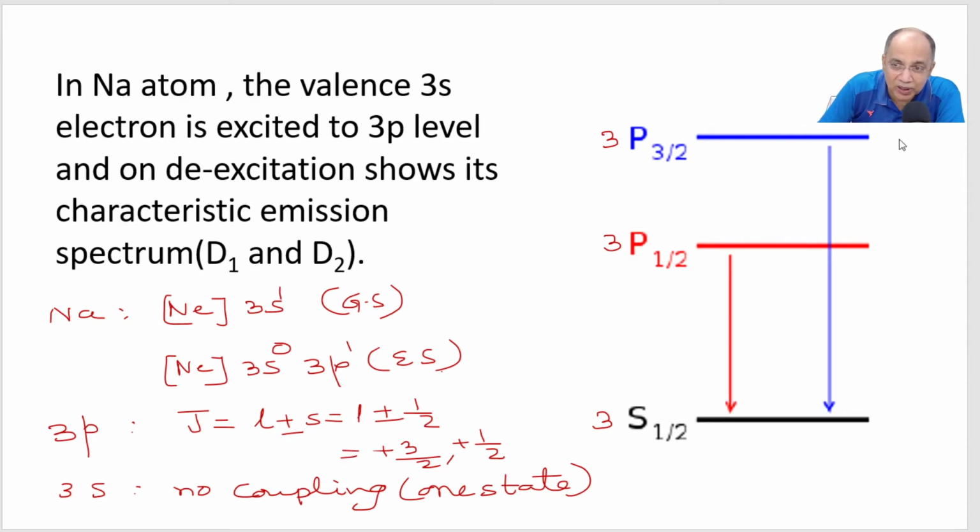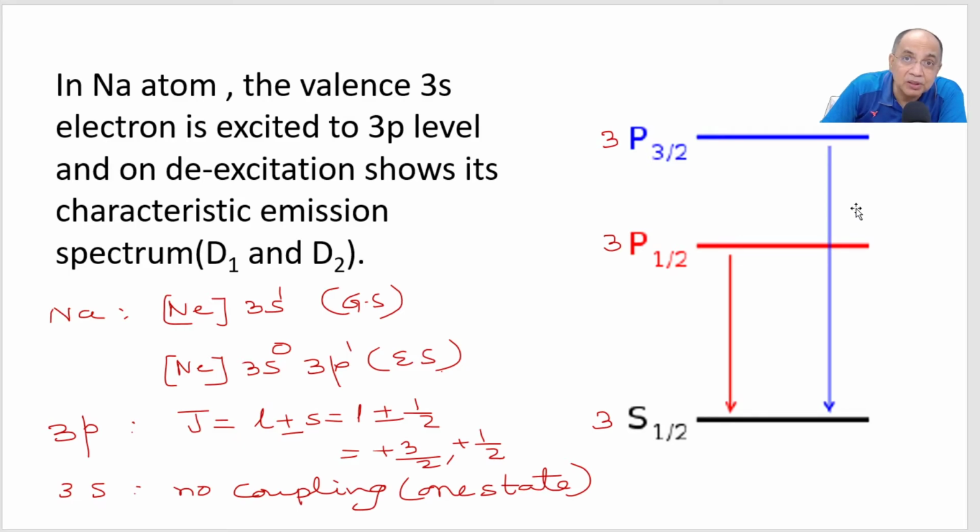Now see, what are the J values for the P subcell? For P, L is equal to 1, and you know the relation L plus minus S. So 1 plus minus half. Again, just like the L alpha line splitting in the case of the hydrogen spectrum, we get 3 by 2 and 1 by 2. So there are two states for 3p. They are no longer degenerate and no longer 3 orbitals. 3 orbitals will come only when a magnetic field comes.